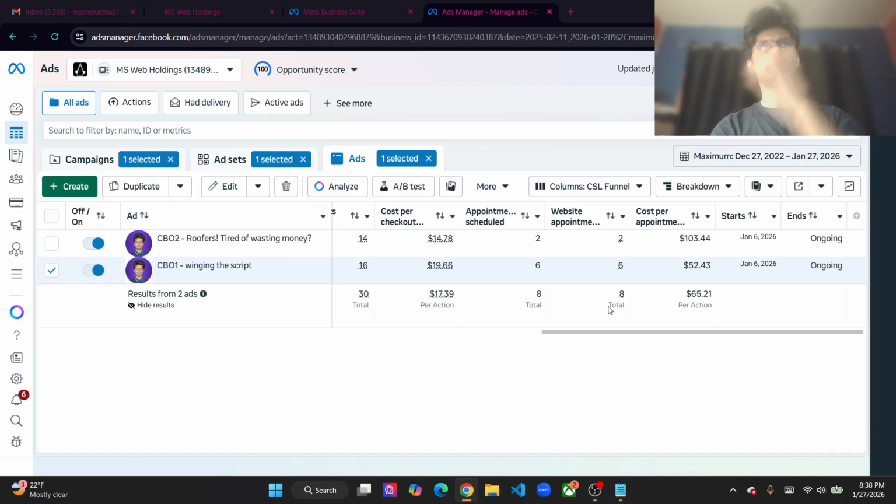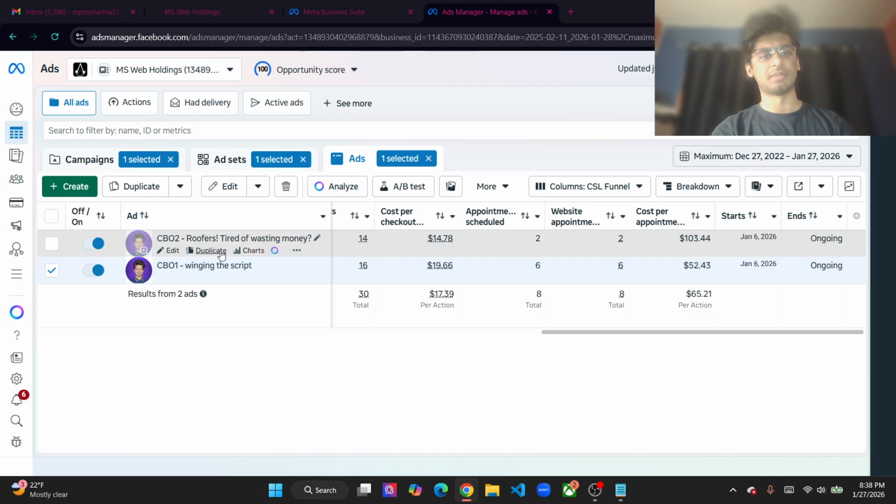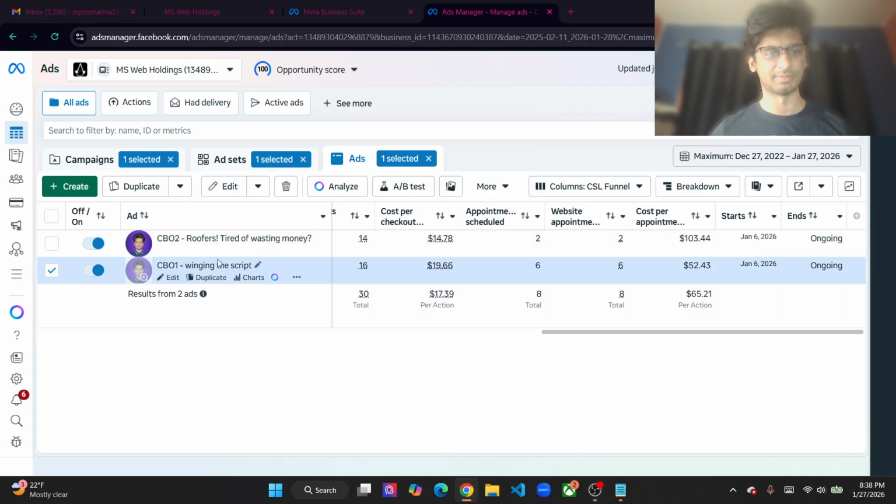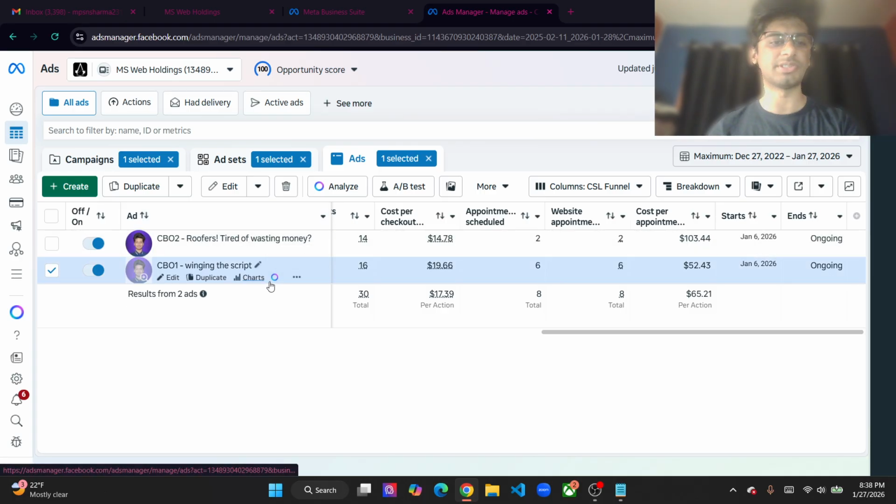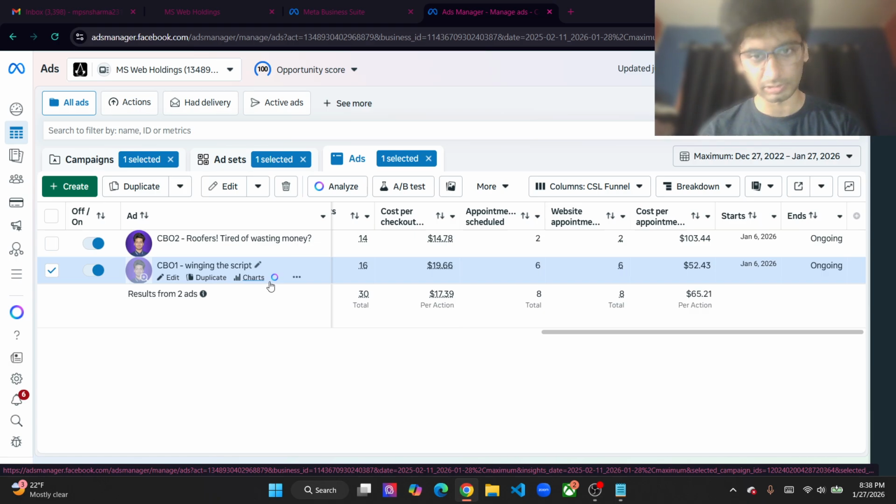So yeah, I think it's because I didn't add captions, or maybe the copy in the first ad was better. For some reason, this ad had a lower click through rate, but had more checkouts initiated, even though the funnel I had was the same.